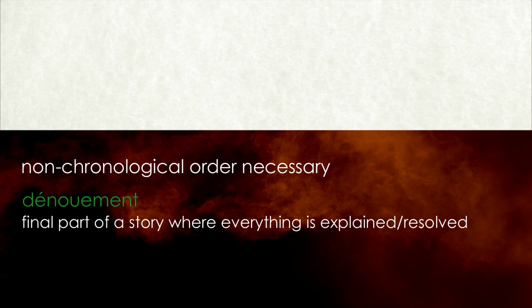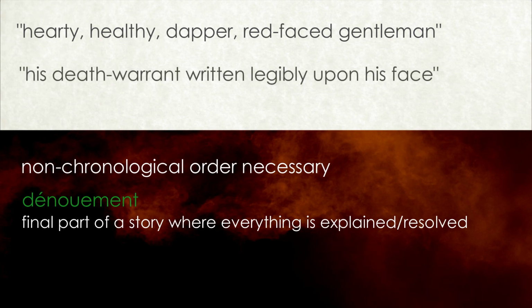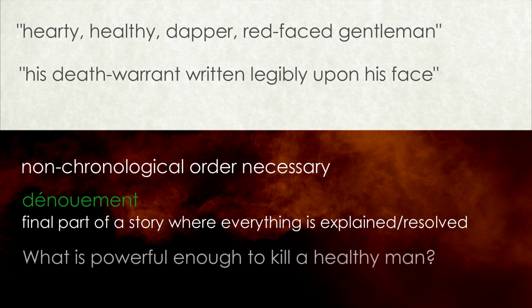The reader is left on tenterhooks as a man described as a hearty, healthy, dapper, red-faced gentleman should suddenly have his death warrant written legibly upon his face, and then be dead within a fortnight. What could be so awful that it has such a drastic effect on such a seemingly healthy man?